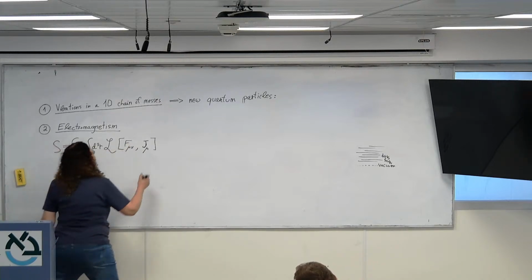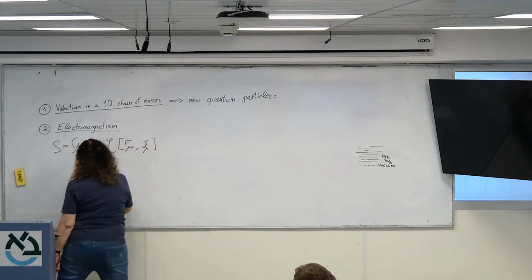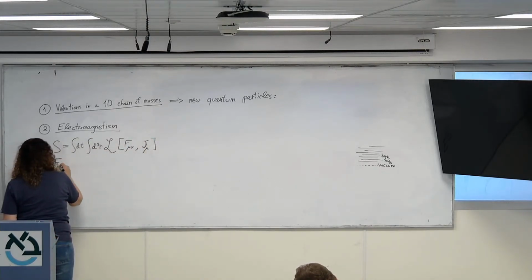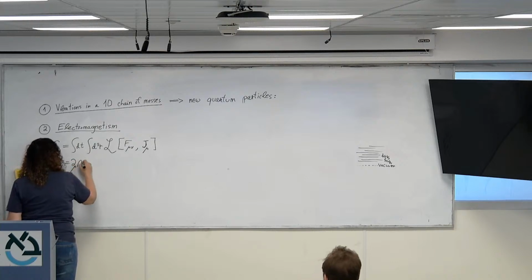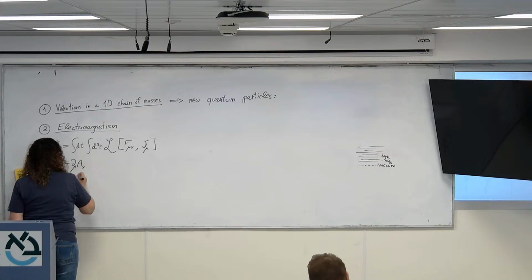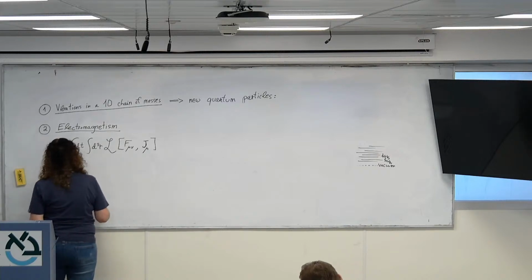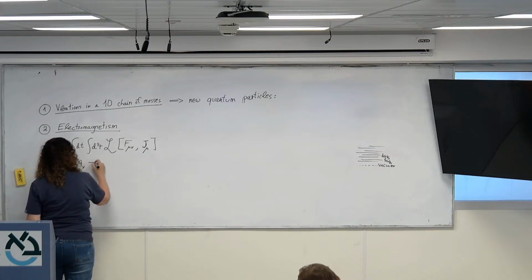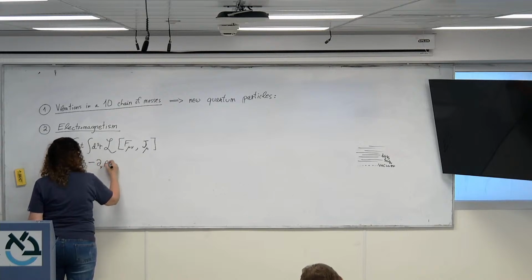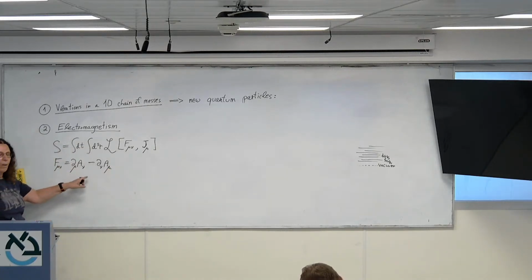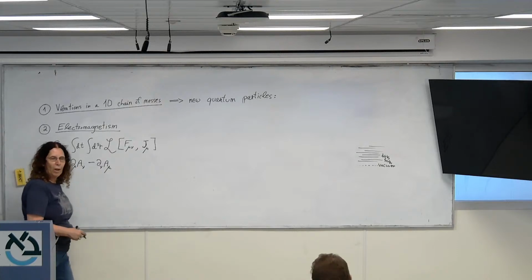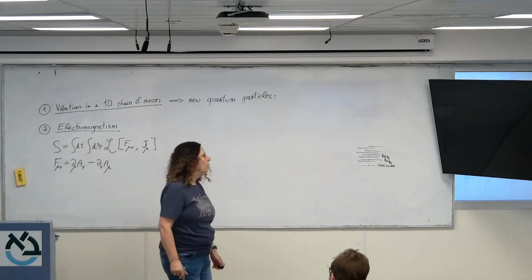And I remind you what is F mu nu, just the definition. It's the derivative of A nu minus the derivative of A mu, a completely anti-symmetric combination of the derivatives of the vector potential, and the vector A is also a 4 vector.